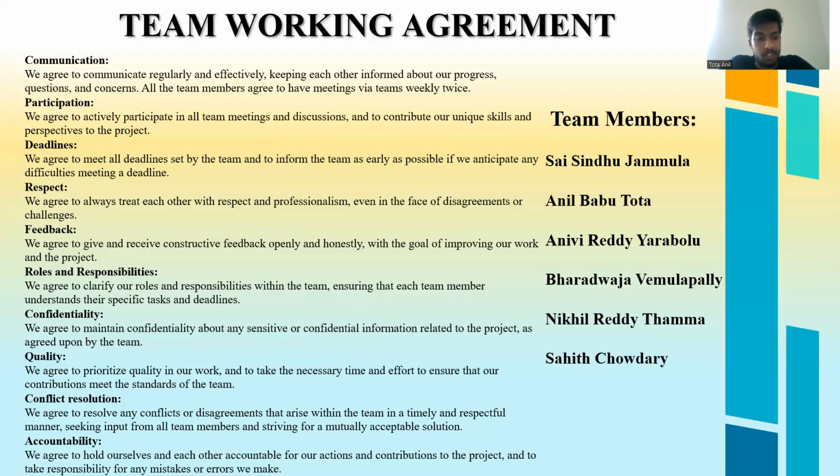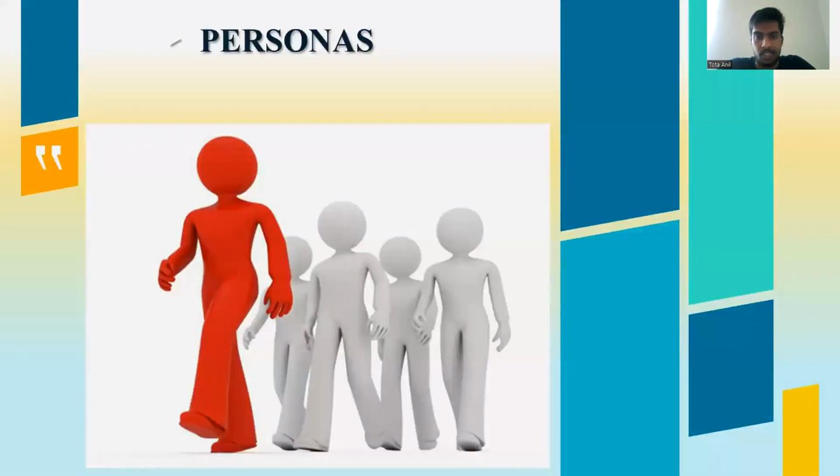Accountability is also something we have maintained in contributing to our project, and it is everyone's responsibility not to make any mistakes or errors when doing our project. This is the team working agreement we have decided, and this is a slide we took from other teams, as previously we didn't add this one, and it is a new one we added for our print for delivery.